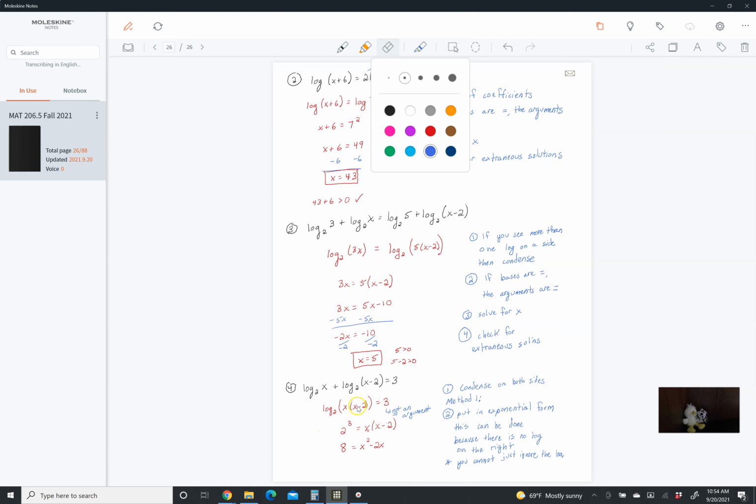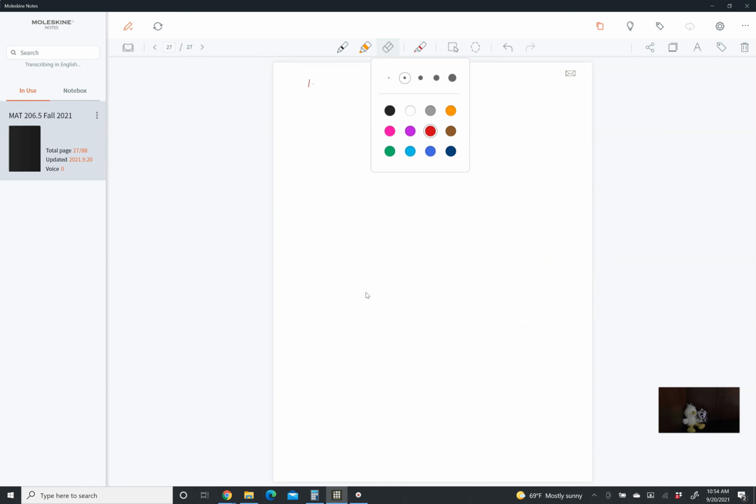Okay, now before we go through and solve this, I'm going to tell you what the second method is, okay? So we're going to go back to this step right here. So I'll rewrite it. We had log base 2 of x times x minus 2 is equal to 3.